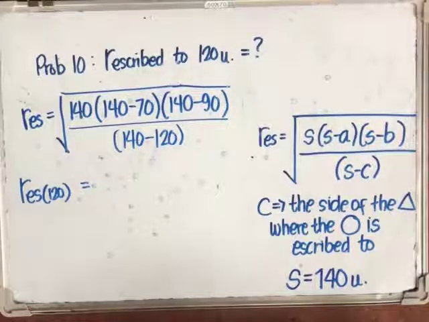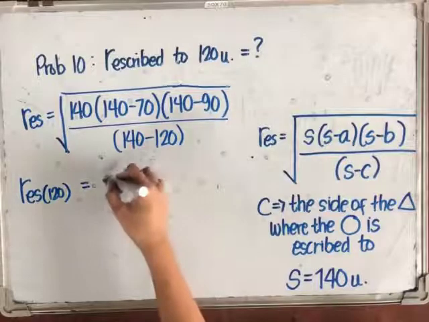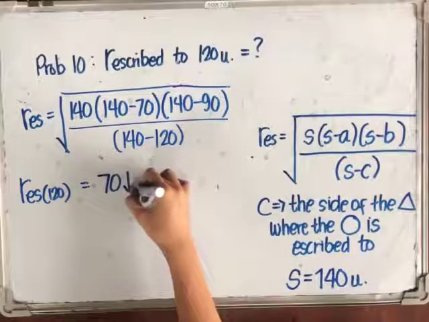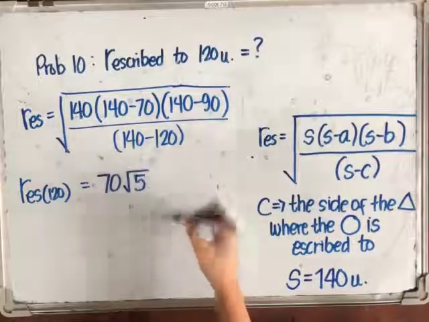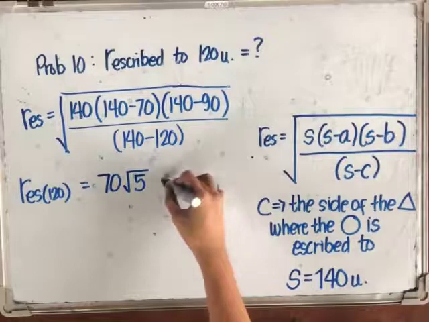Sige nga, calculator natin. 140 times 140 minus 70 times 140 minus 90 divided by 9. Okay, so we have the answer here of 70 square root of 5 units.